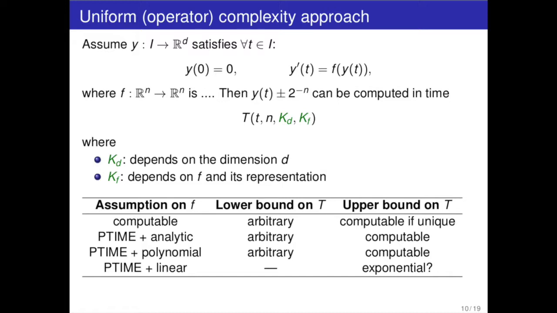Just to clarify, if f is polynomial, wouldn't it imply that it's p-time? Actually, yes, that's it. So the last two are actually polynomial and linear. Well, there's a subtlety about the coefficients, which is what kind of coefficients you allow in the polynomials.